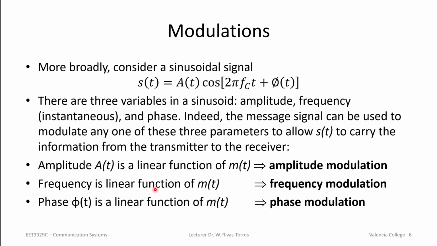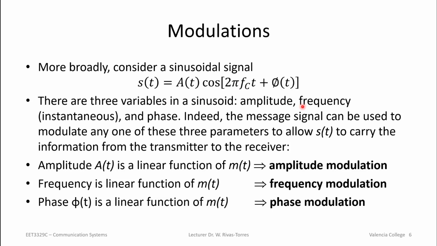More broadly, we can express our signal in much broader terms. We can have s(t) with an amplitude A(t) that varies with time, and even a phase that varies with time. Now there are three variables; notice that we're not showing frequency as a variable of time, and that will become more obvious why when we start talking about angle modulations.